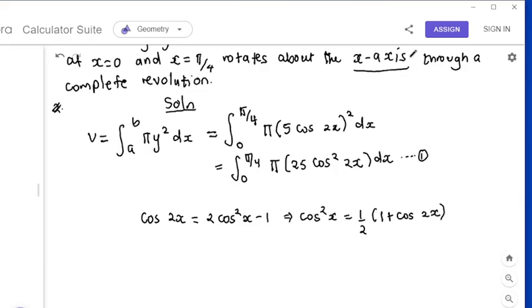But now in our case, we have cos squared 2x, so we still apply the same formula. The only problem is that now everything will double. Not everything really, but we're going to have a half into 1 plus cos 4x.